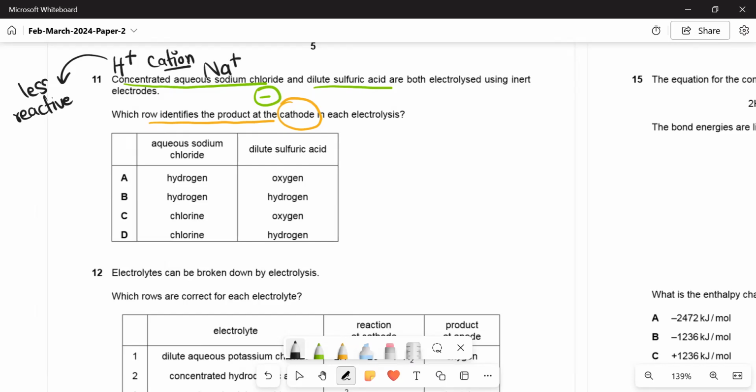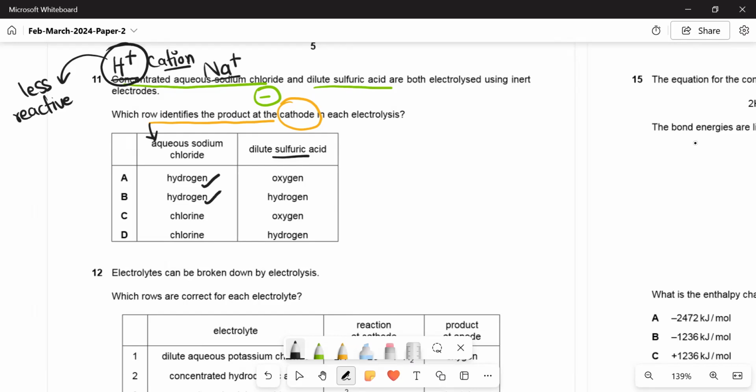The one which is less reactive will go to the cathode. From H+ and Na+, H+ is low in reactivity, so it will go to the cathode. So in aqueous sodium chloride, hydrogen will go at the cathode.